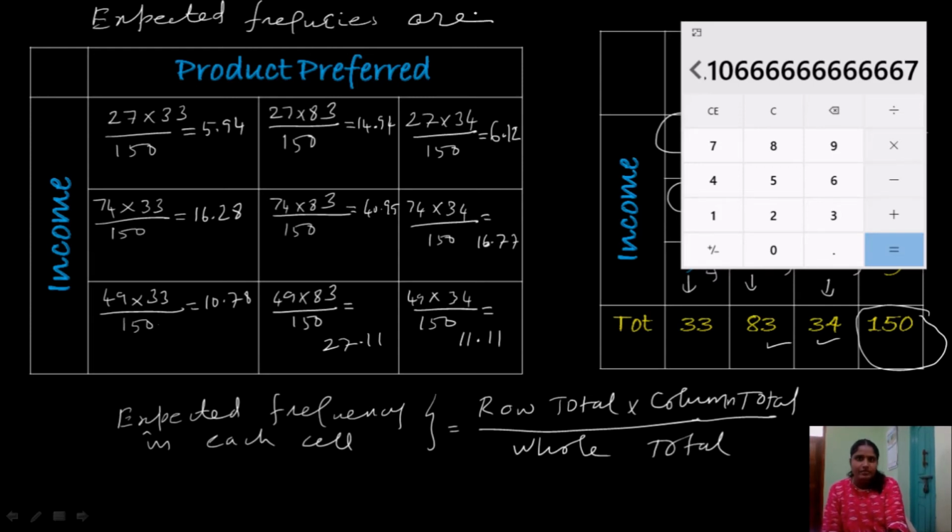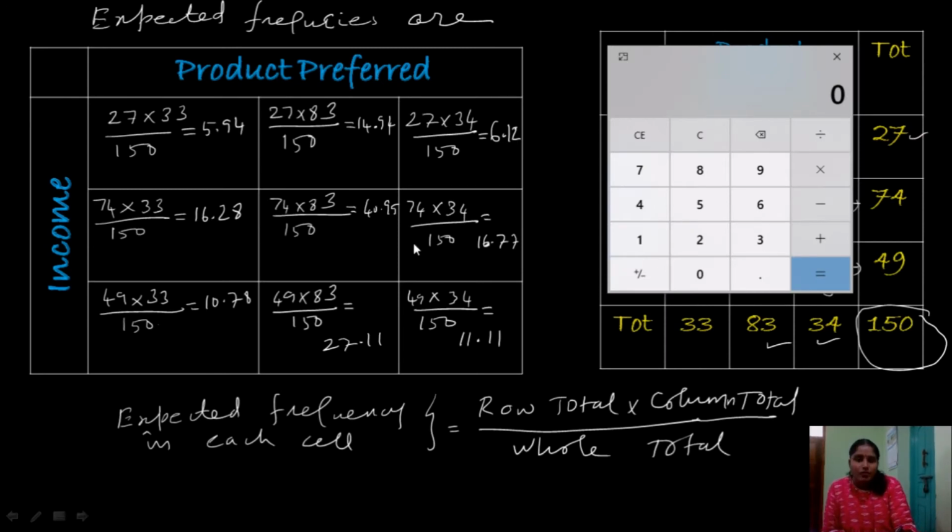So for the observed frequencies we have calculated the expected frequencies by making use of these two values, and we now calculate the value of chi-square. Before we move to the calculation part of chi-square, let me check whether this calculated value of expected frequency coincides with the row total and column total.